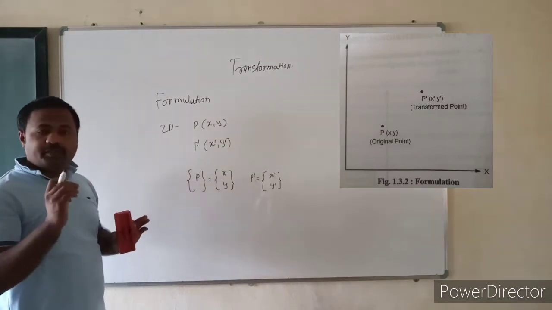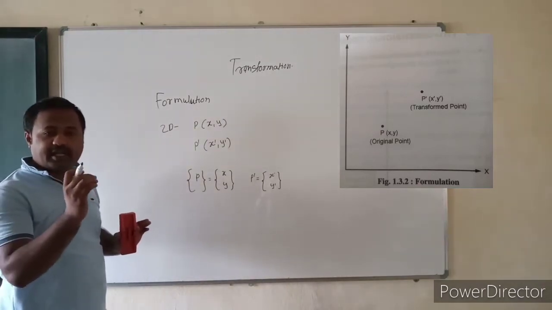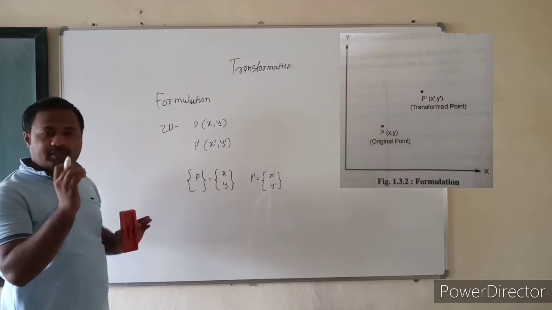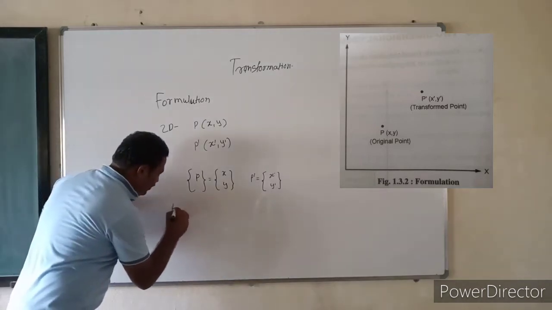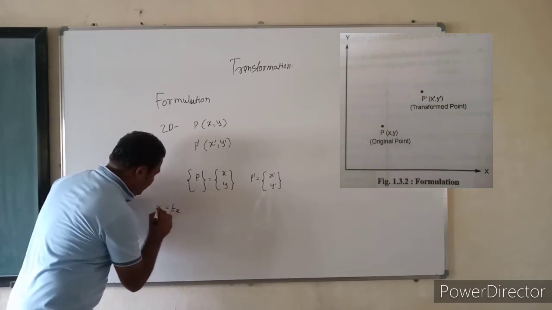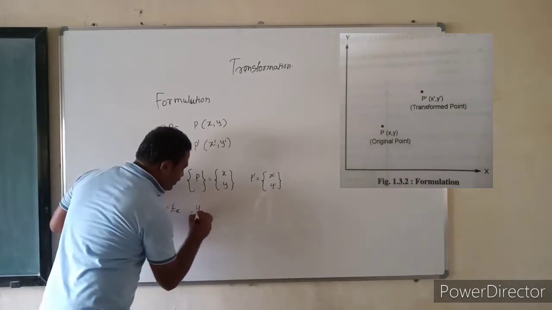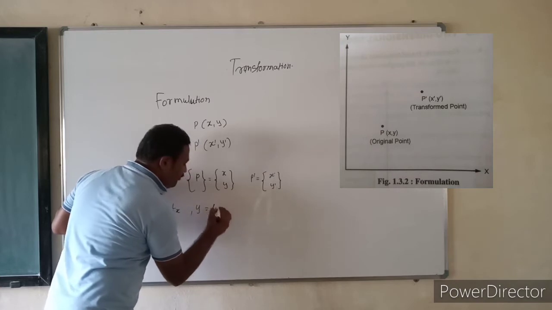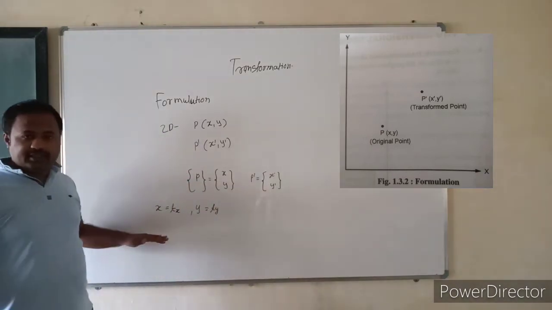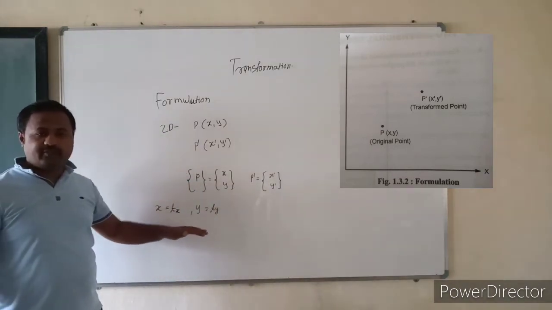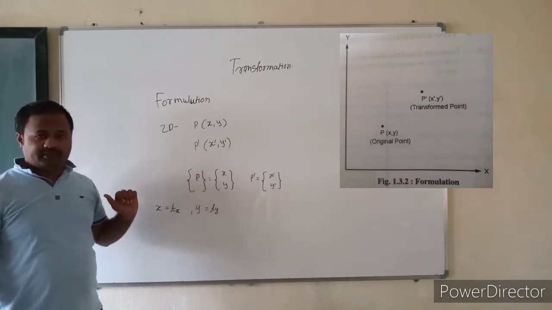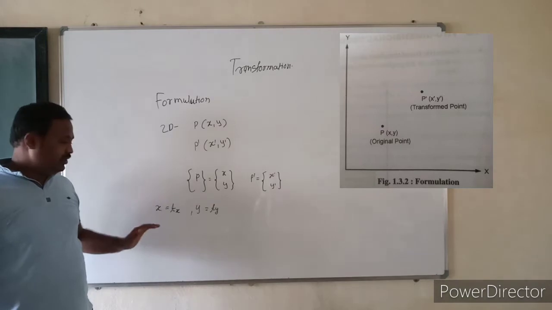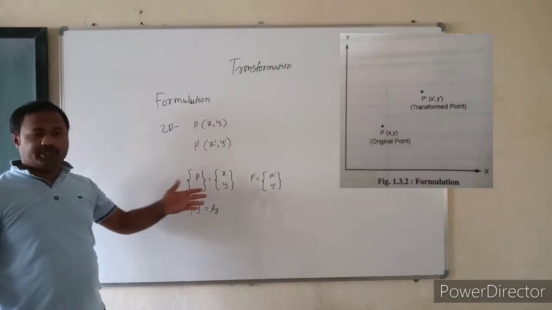If we consider that point P is shifted in the x direction by Tx, and in the y direction by Ty, it is a shifting of that point.